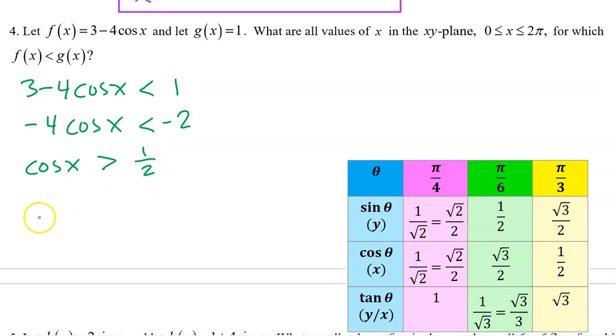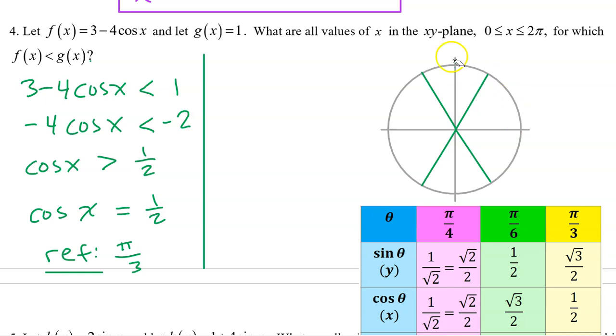We actually begin by asking ourselves where cosine x is equal to 1/2. We can find the reference angle very easily because we know that the cosine of pi over 3 is 1/2. So pi over 3 is the reference angle. On the interval from 0 to 2 pi, here are the 4 angles with a reference angle of pi over 3.